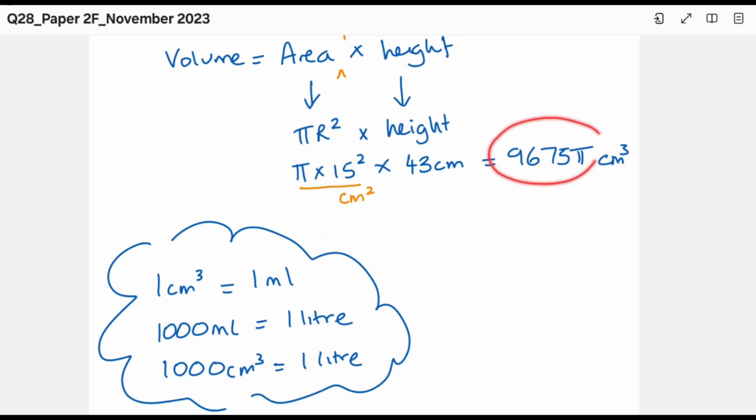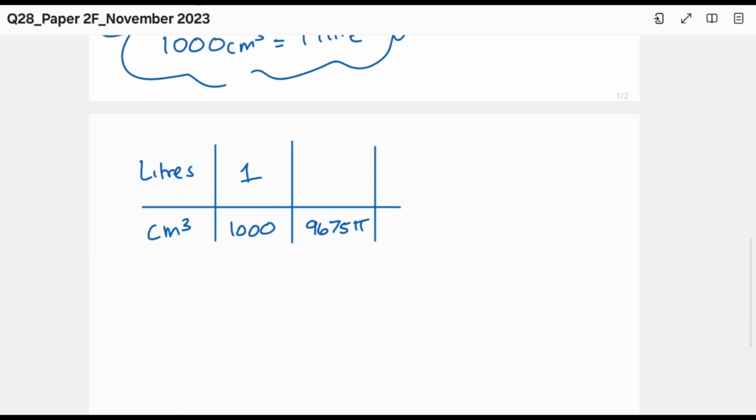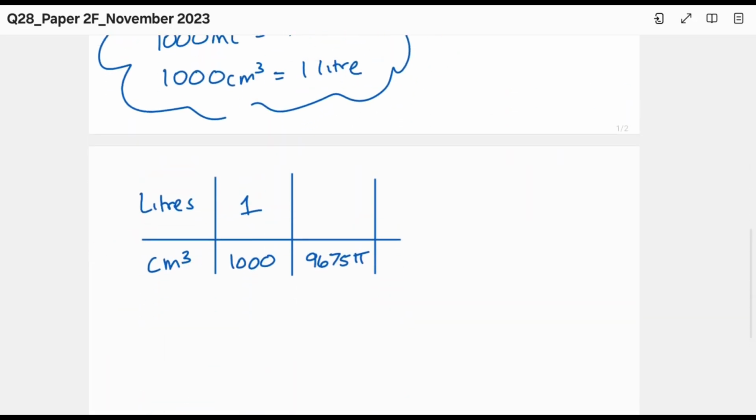That's why I've kept it in terms of pi. If you just leave the pi on, you call that leaving your answer in terms of pi. At the end of my calculation, if necessary, I can convert it to decimal. But in the middle of a calculation, the most accurate answer is to leave the pi on as it is. So we know that the volume that we have at the moment is 9,675 pi.